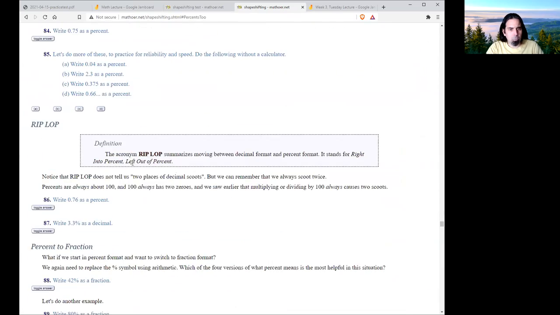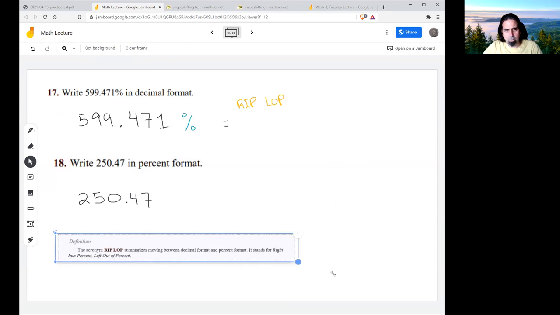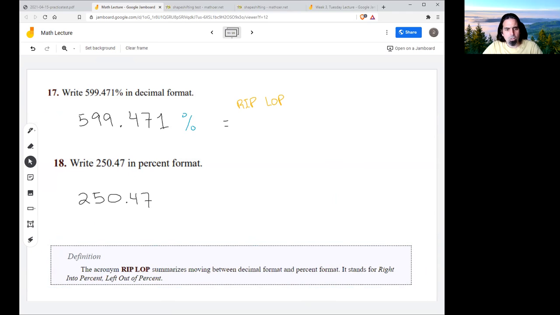RIPLOP right there. I can even grab it for this. So for number 17, we're going out of percent. We want to get rid of that percent symbol. So we are going left out of percent.